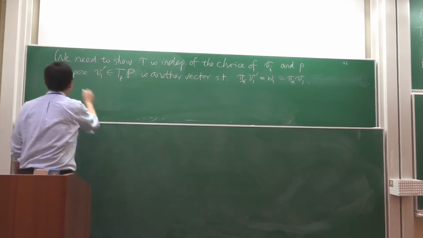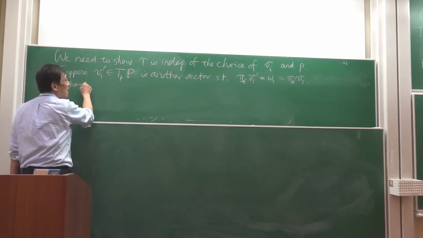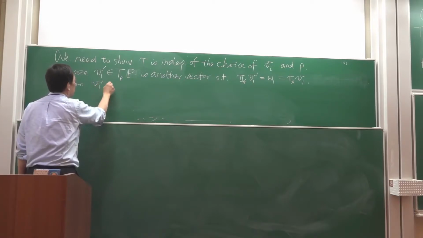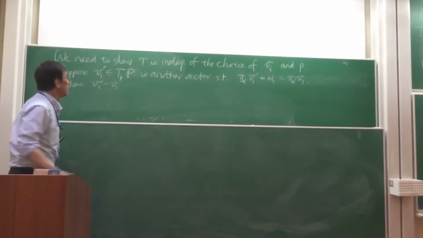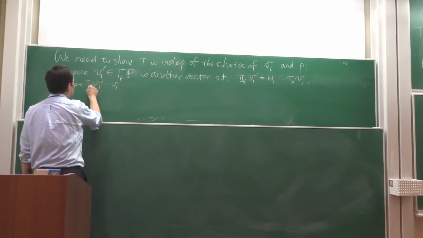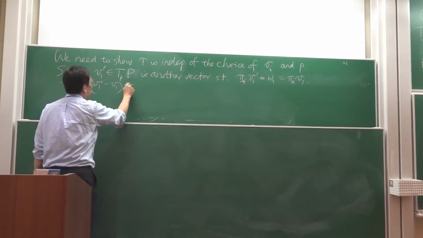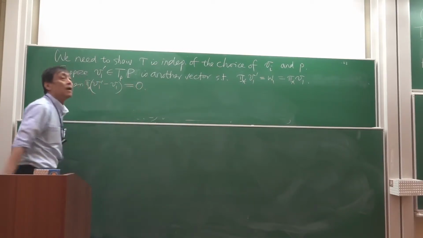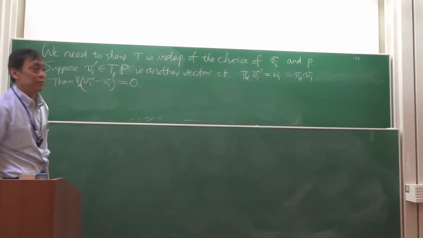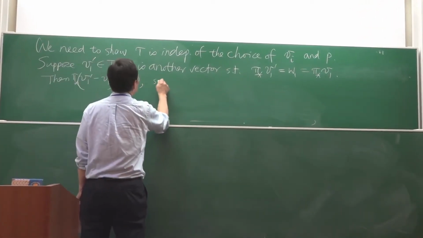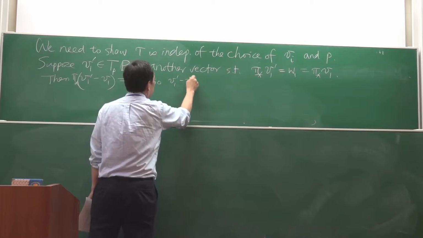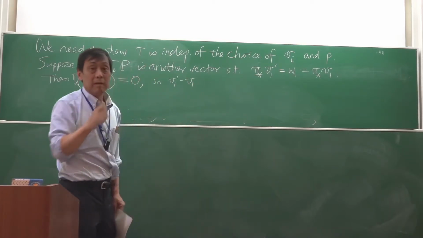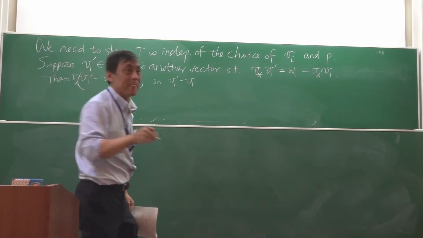Okay? Then pi lower star of V1 prime minus V1 is 0. So V1 prime minus V1 is vertical.